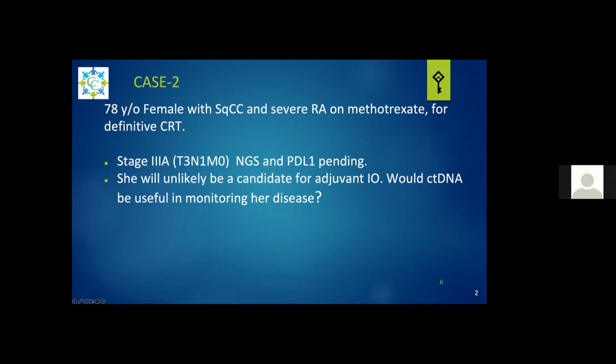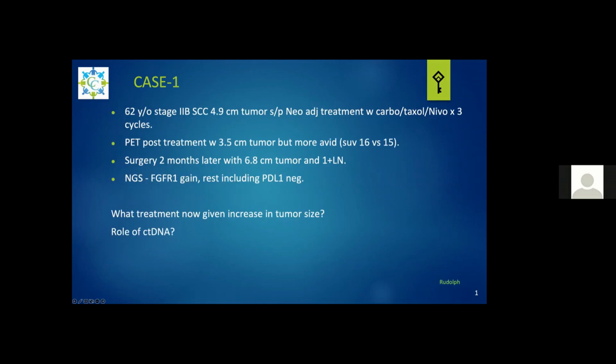I have a question. Priya, the PD-L1 on this patient was what? I missed that part. It was negative. So in the NADIM trial, the PD-L1 had to be more than 1 to be put on immunotherapy? It's a good point. For the NADIM trial, I'm not sure if they specified.